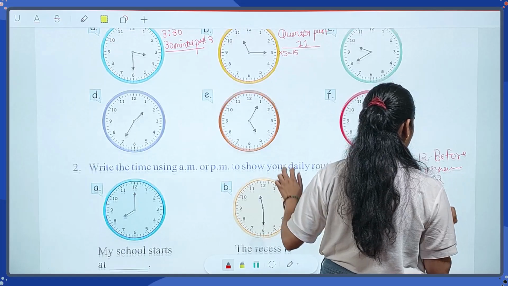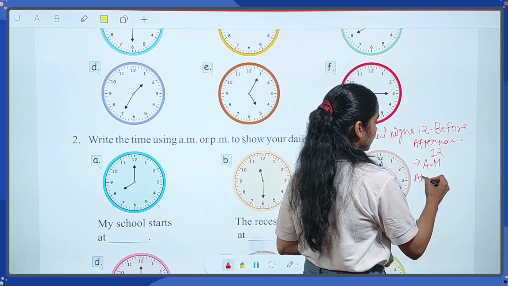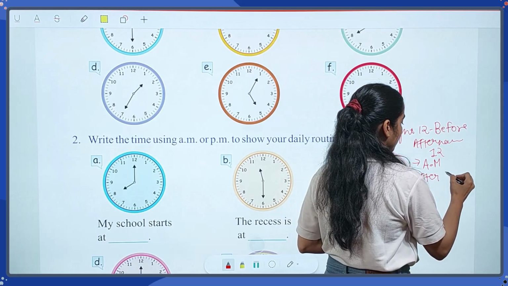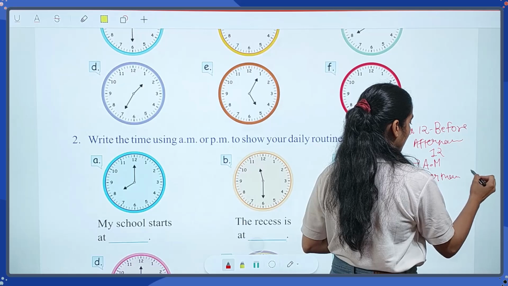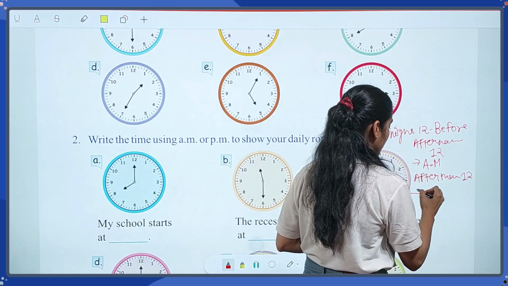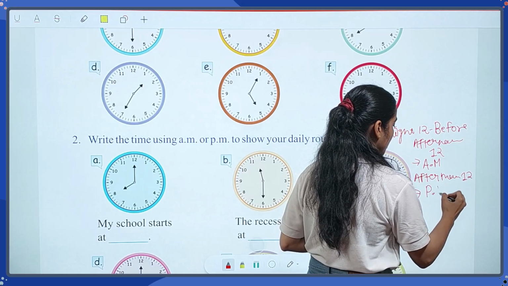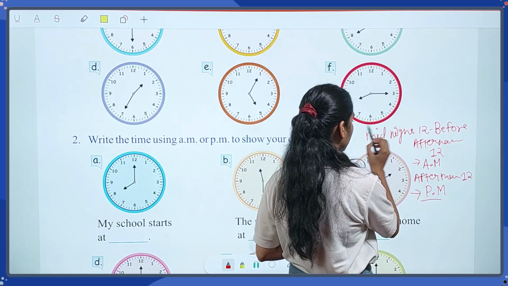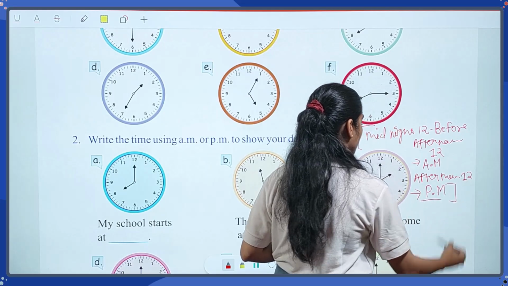And after afternoon 12, you always represent your timing in PM only. Okay, so you have to keep this in your mind.